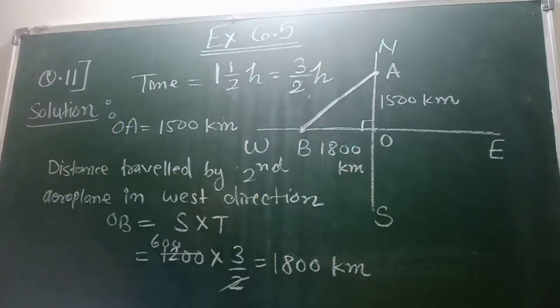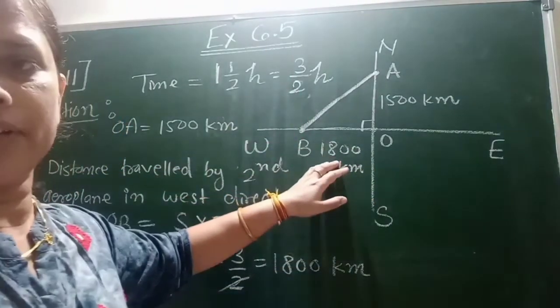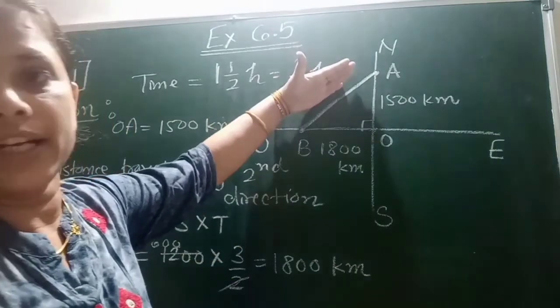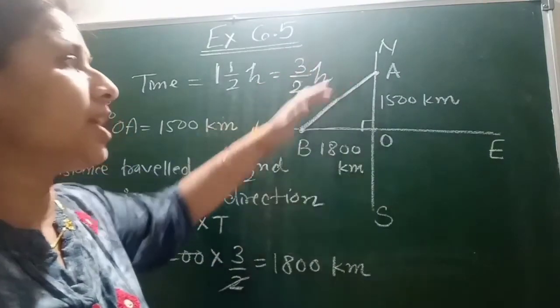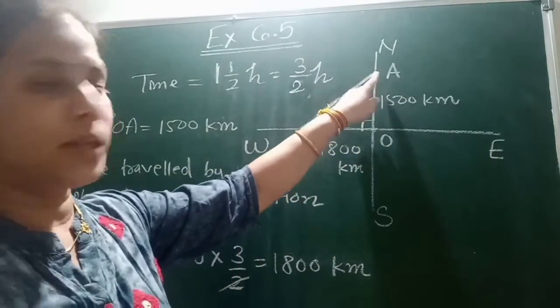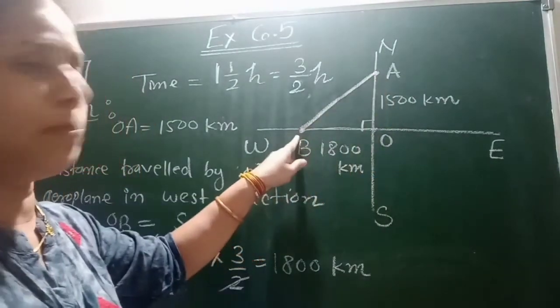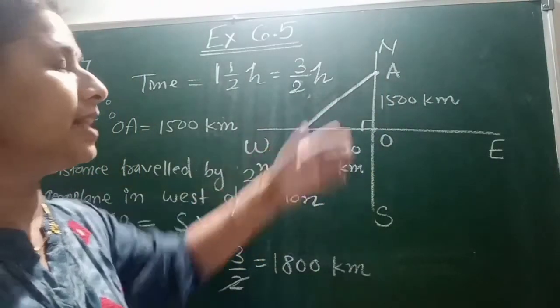Now with the help of this 1500 and 1800, we can easily find the length AB by using the Pythagoras theorem in this particular triangle AOB. So now we will apply the Pythagoras theorem in this triangle.